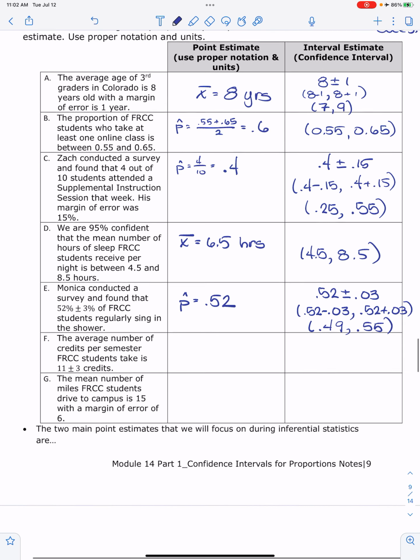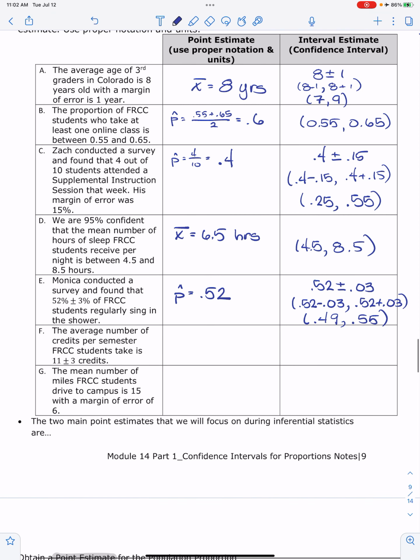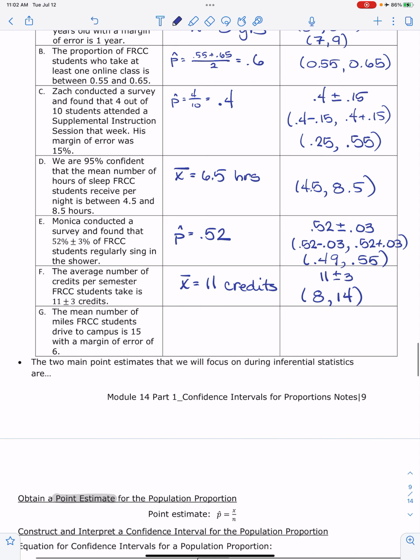F, we've got the average number of credits per semester FRCC students take is 11 plus or minus 3. So we've got an average number of credits. X bar is 11 credits. 11 plus or minus 3. 11 minus 3 is 8. 11 plus 3 is 14. And the mean number of miles that students drive to campus is 15 with a margin of error of 6.